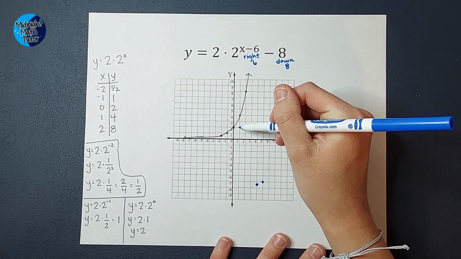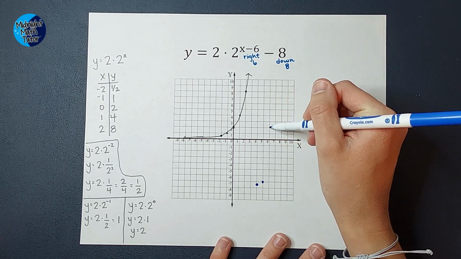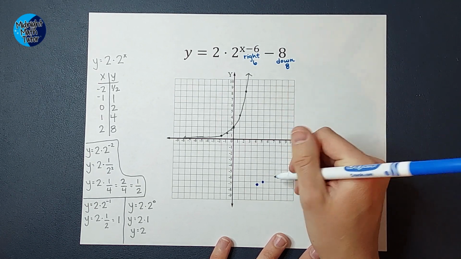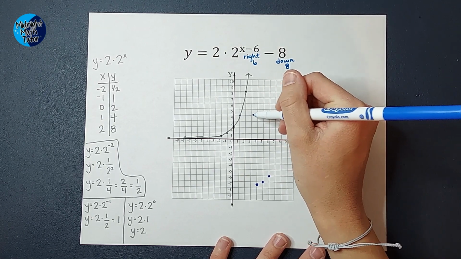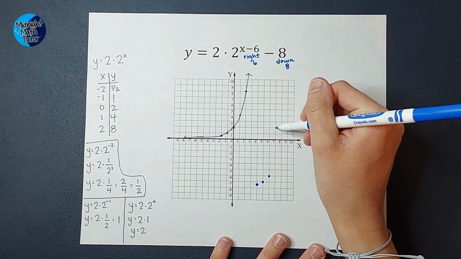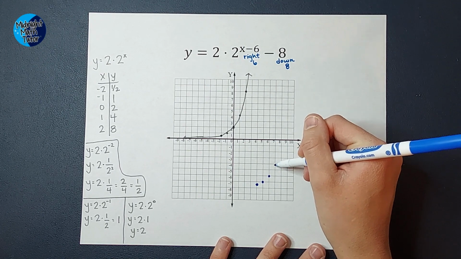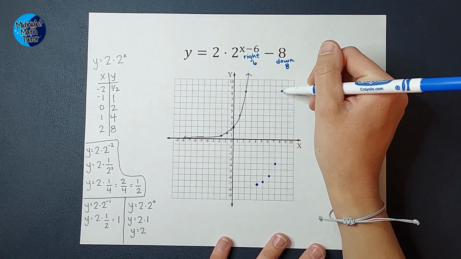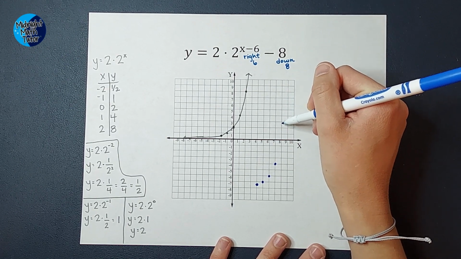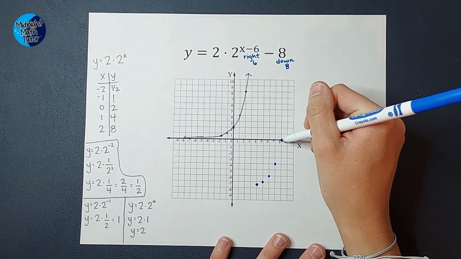With this guy, I'm going to go to the right 6 and down 8, okay? This guy to the right 6, down 8. Beautiful. And then I can do it with this guy, right 6, down 8. I hope you enjoyed hearing me count.